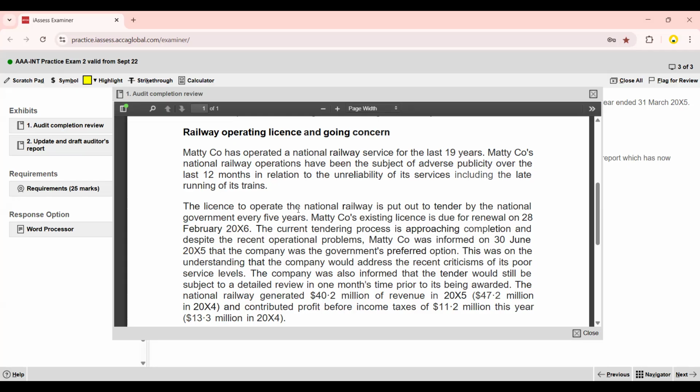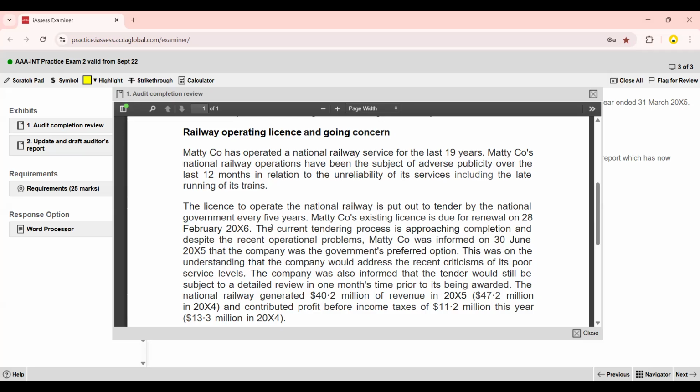The license to operate the national railway is put out to tender by the national government every 5 years. Matty Company's existing license is due for renewal on 28 Feb 2006. The current tendering process is approaching completion, and despite the recent operational problems, Matty Company was informed on 30th June 2005 that the company was the government's preferred option. This was on the understanding that the company would address the recent criticism of its poor service levels.